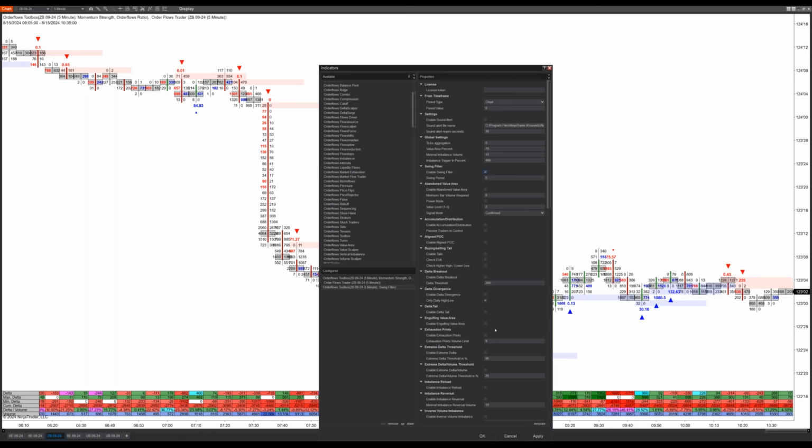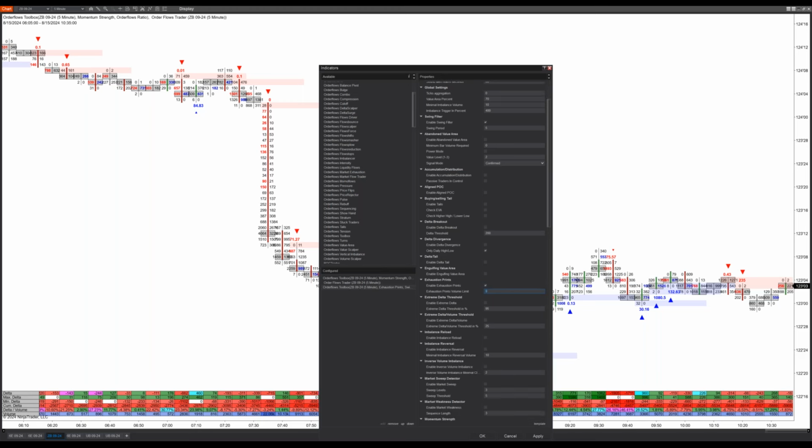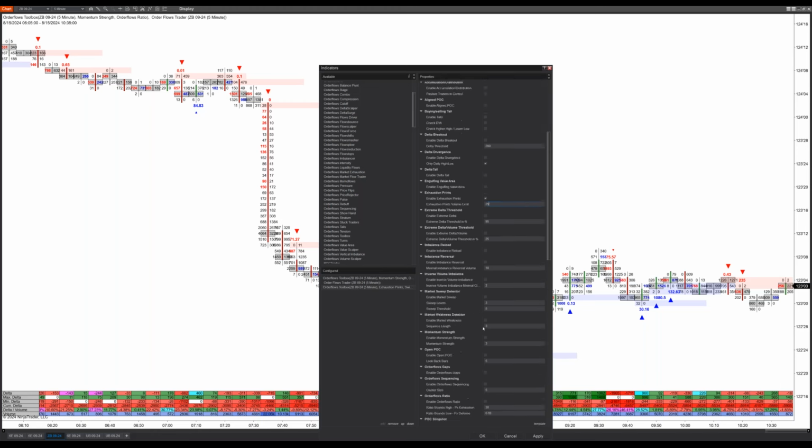I already got exhaustion and ratios there, so I'll make this swing filter with exhaustion prints. I'm going to look for reversals, but I'm not going to just limit it to a ratio of a certain amount of 9. I'll make it 25 just so it's a little bit easier.